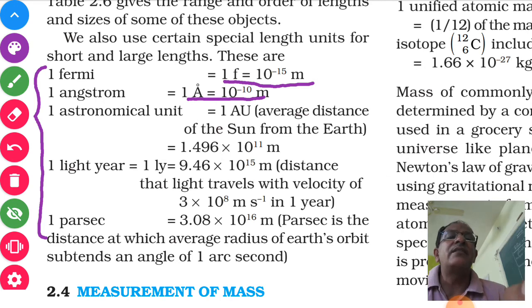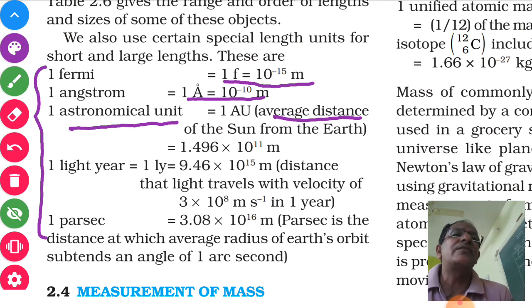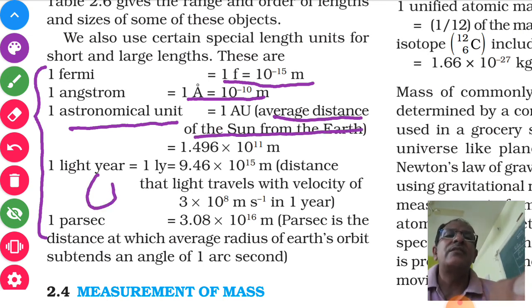Then for very large distance, the astronomical unit is the unit of those large distances. And what is 1 astronomical unit? The average distance of the sun from the earth. Say this is your earth and here this is the sun.